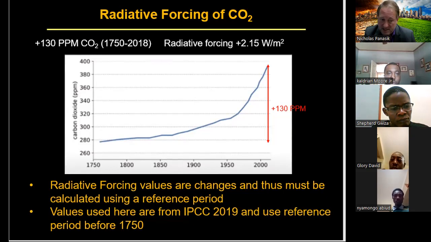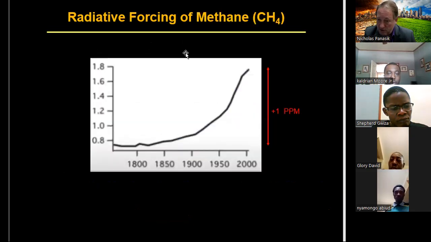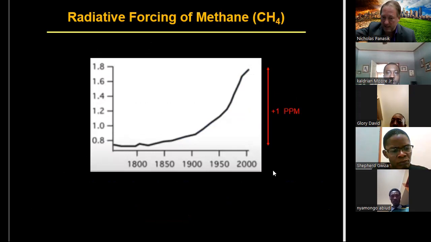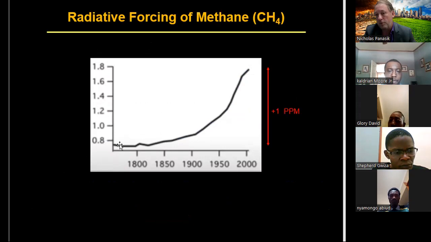So methane, for example, is another greenhouse gas that we've identified. It absorbs in the infrared range. And so it's going to re-radiate down to the surface, increasing our temperature. If you look from 1750 to 2019, it's been about a 1 part per million increase in methane.